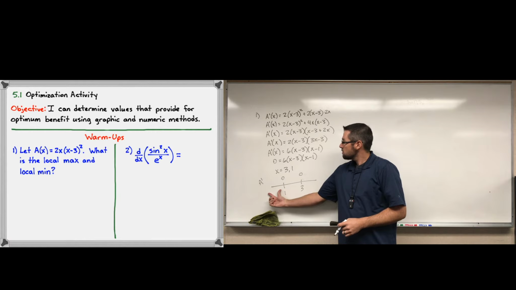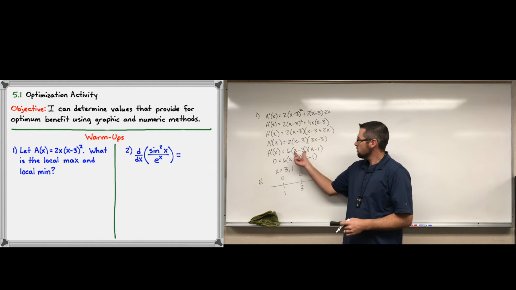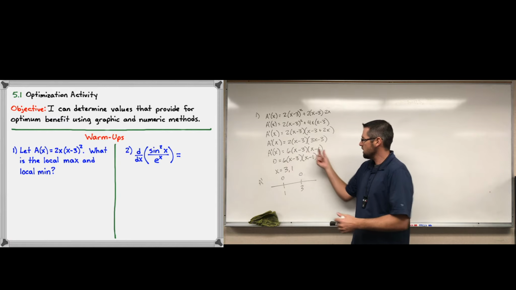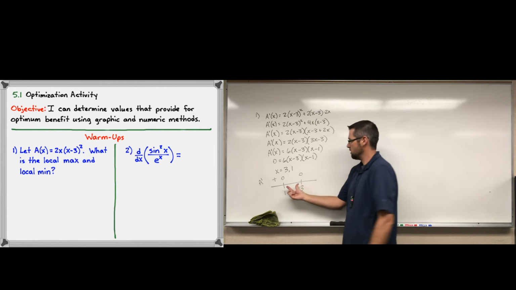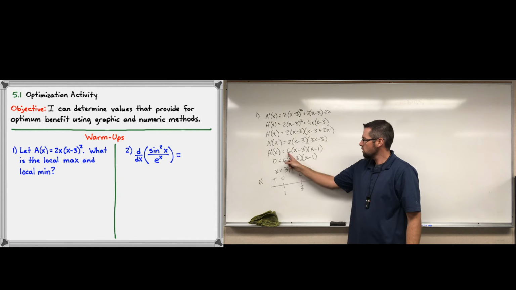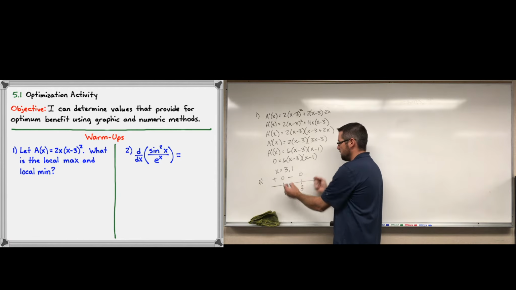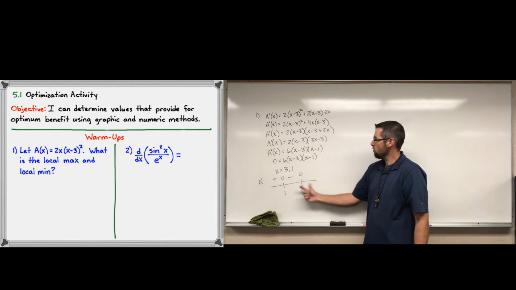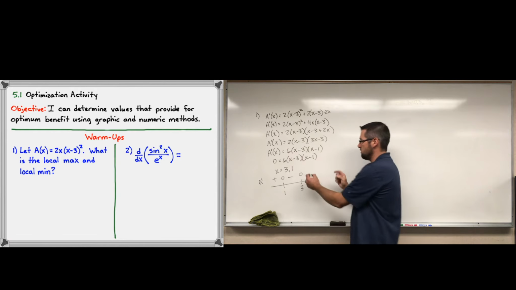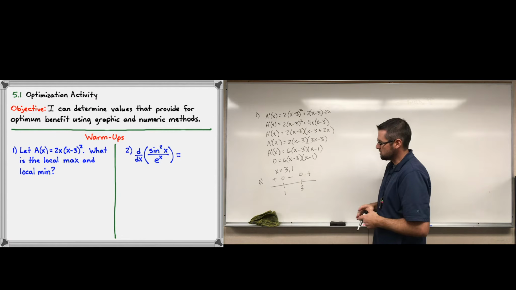Good number? 0 is a good number there, so we're going to get positive times a negative, so positive. 2, so positive, positive, so negative. And then 4, so positive, positive, positive. So what does this tell me?